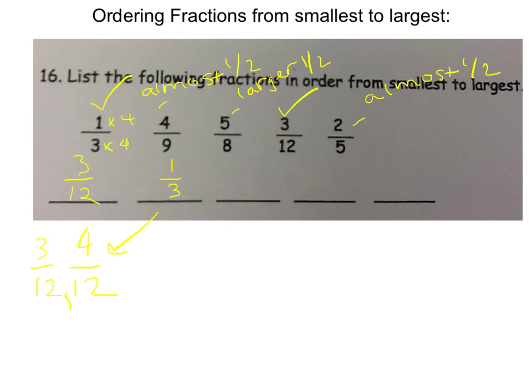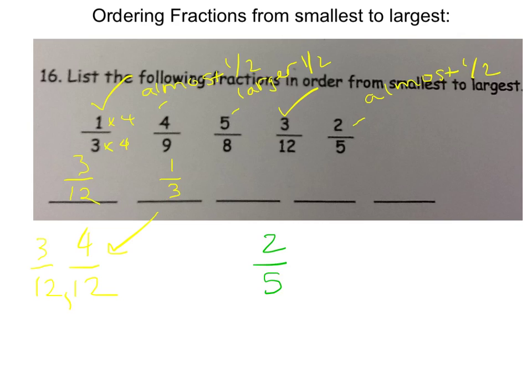Now that I've finished those, I need to determine which of my almost 1/2 fractions are the smallest. In order to do this, cross multiply is one way. Again, I would just be multiplying the denominators by each other.